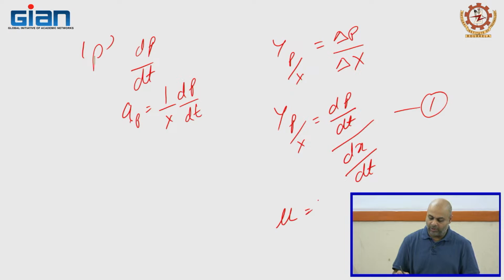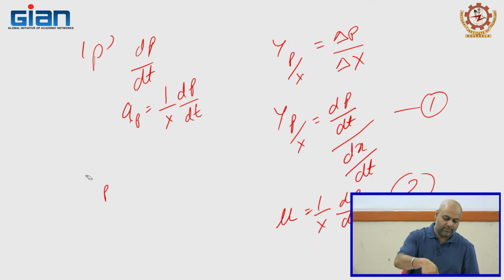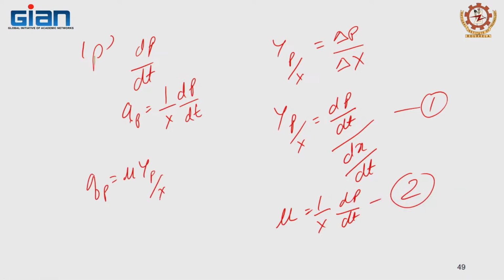We know mu is 1 by x dx by dt. This is your equation number 2. Using both equation 1 and 2, you will get QP is mu Yp by x, or 1 by x dP by dt.